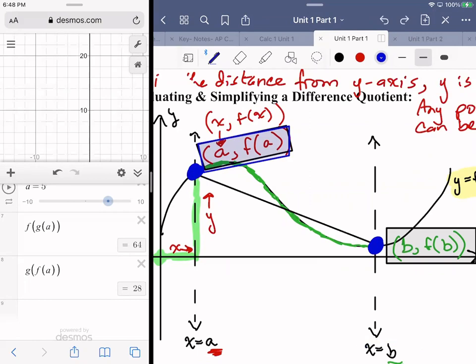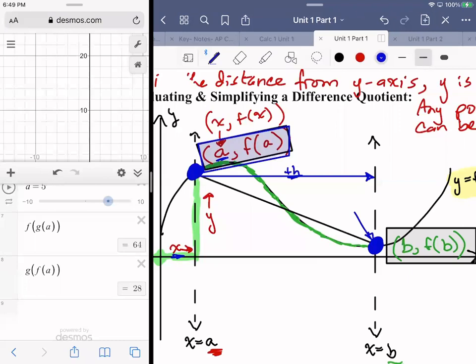They say instead that you're going to start at a and go h units to the right. All right. So if you do that, then your second pair of coordinates would have an x value that increased from a to a plus h.